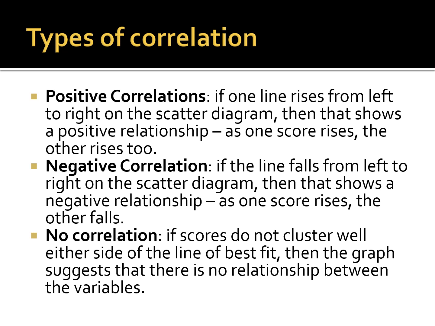Okay, so recap, positive correlation. This is where your line of best fit goes in this direction. Your covariables are plotted here and here, and up they go. It shows a positive relationship: as this one goes up in number, this one goes up in number.